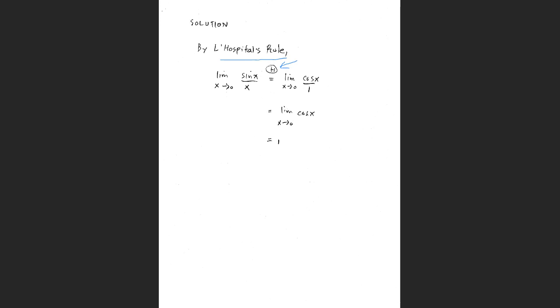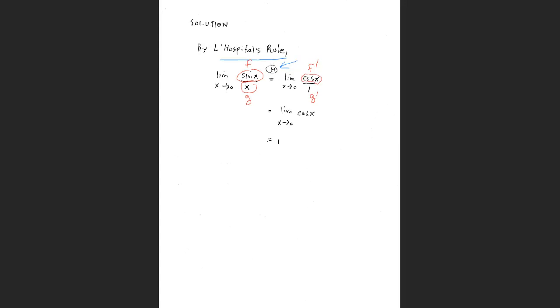So you have f over g, the limit of sine of x over x as x goes to 0. By L'Hopital's rule, that equals the limit of f prime over g prime as x goes to 0.